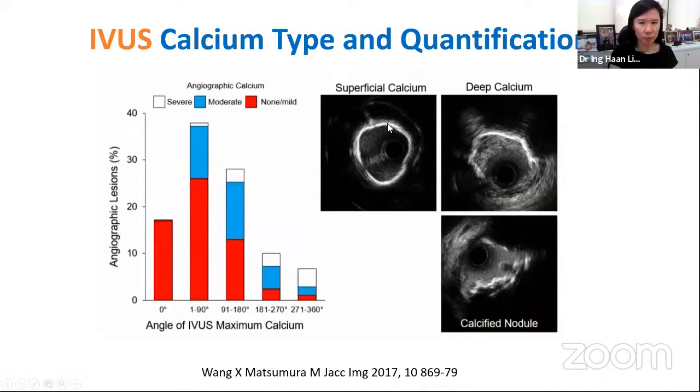This is how superficial calcium looks on intravascular ultrasound. This is how deep calcium looks in a calcified nodule. And during angiography, if angiographic calcium is present, during IVUS we would see a lot of calcium.